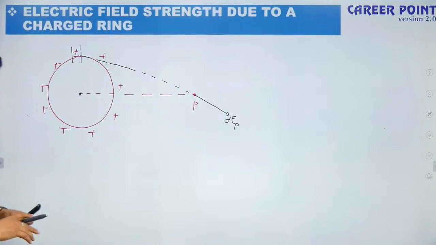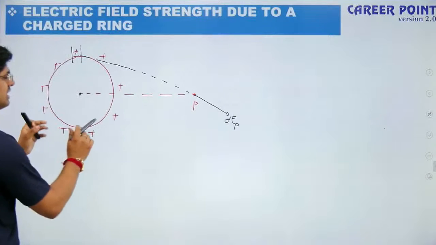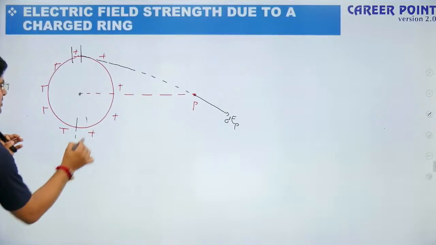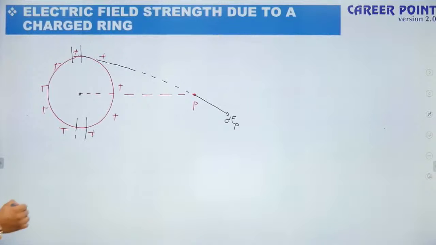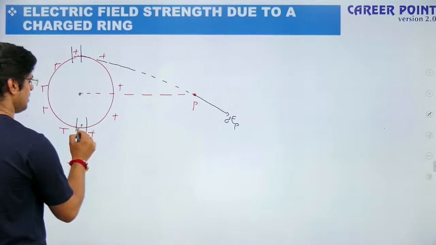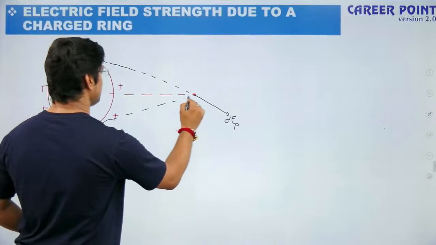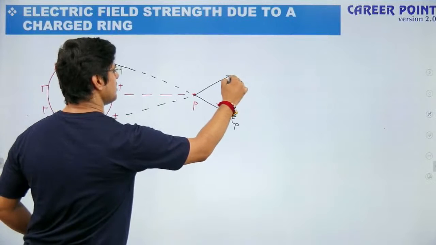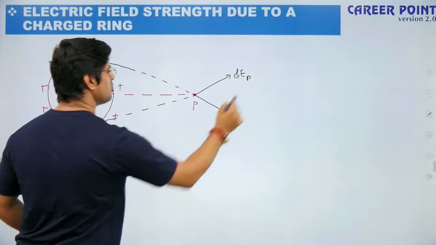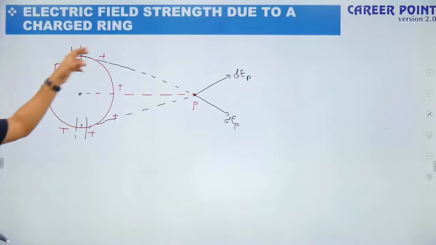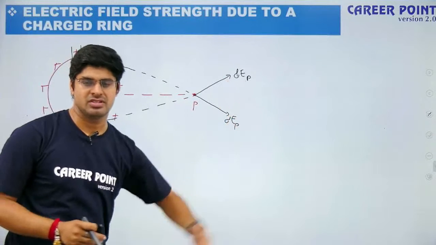Now in that case, what we will suggest? If we are taking another element from here, and I match the element like this, again it will give me dEP. So we have taken electric field due to both the elements same because of the symmetry.